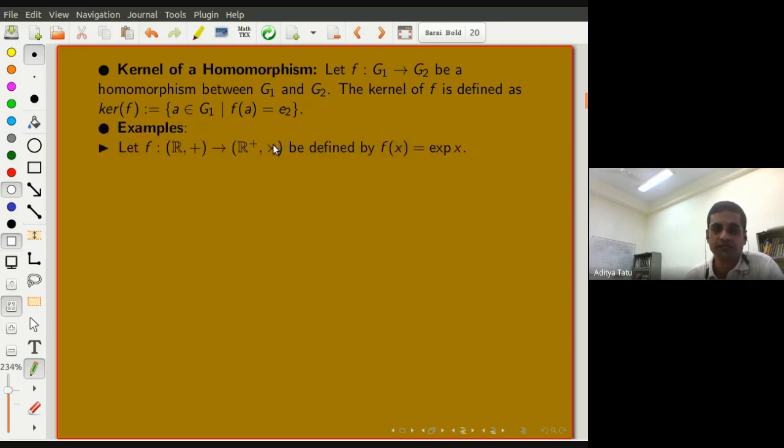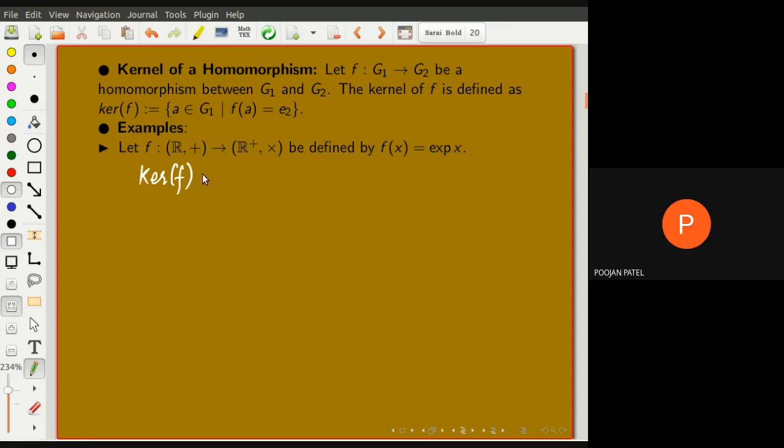Let's look at a few examples from the same homomorphism examples that we saw earlier. So who would tell me the kernel of this homomorphism f? What is the kernel of this homomorphism? Zero. Anything else?